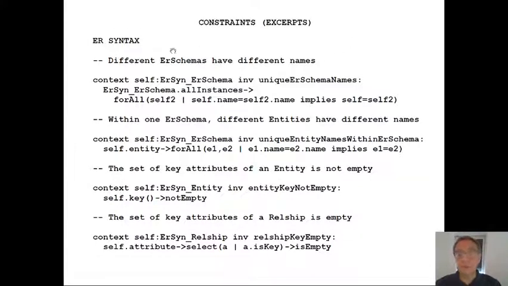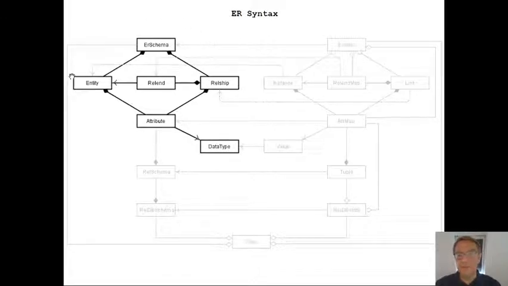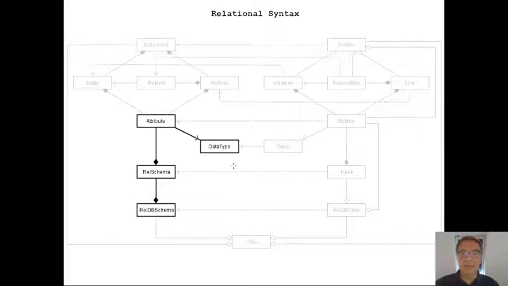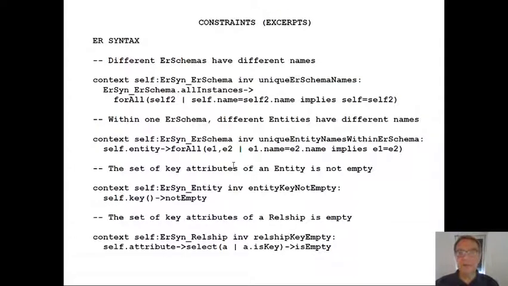Constraints for the ER syntax part. The ER syntax part is this part over here, and the constraints that I will show and discuss are here. Well, different ER schemas will have different names.